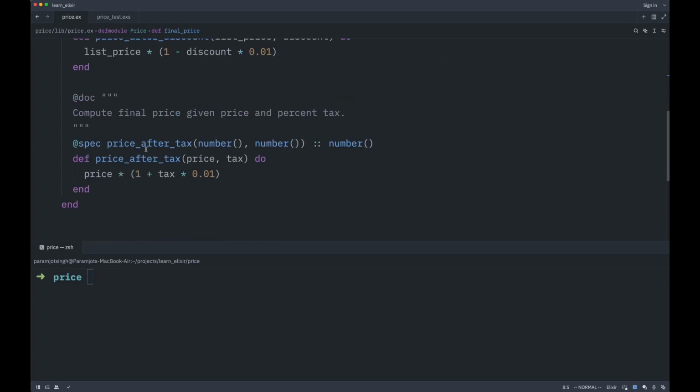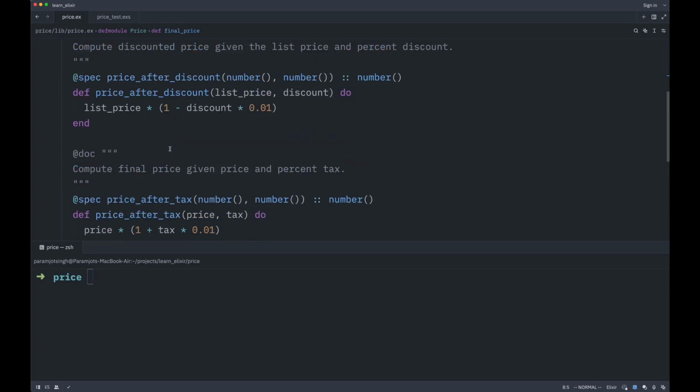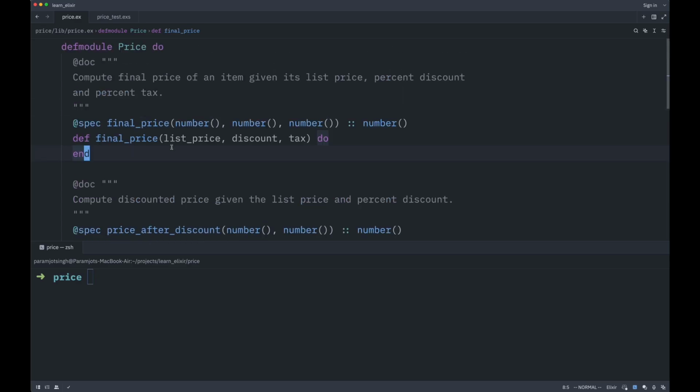Similarly, we have an implementation for price after tax. Going to the final price function, I don't have it implemented yet, and this is where we are going to use the function composition and Elixir's pipe operator to write our implementation.